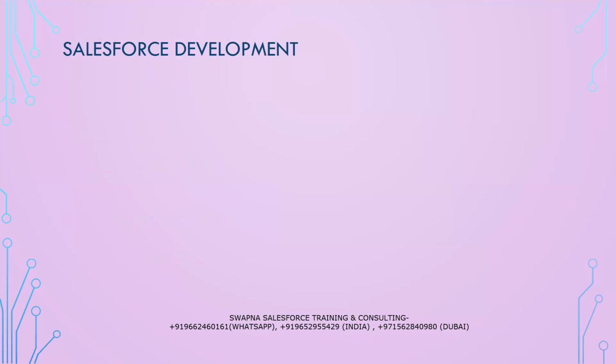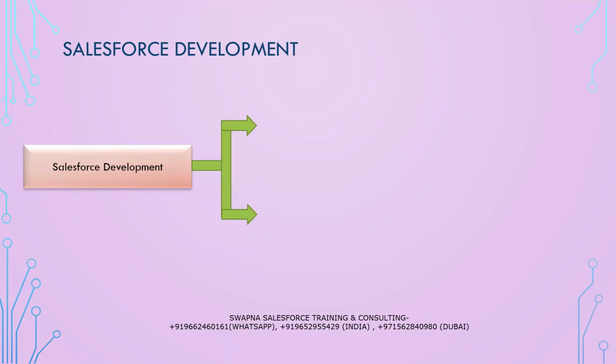Salesforce development. So this is just a recap of whatever we learned yesterday. Salesforce development is classified into 2 categories, right? Your complete Salesforce development has been identified into 2 categories.